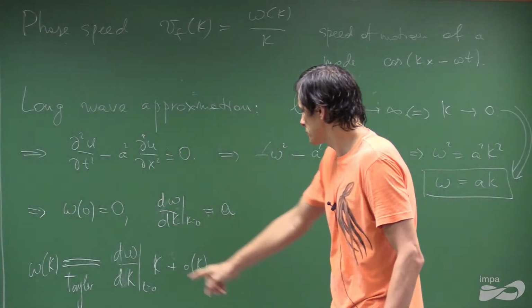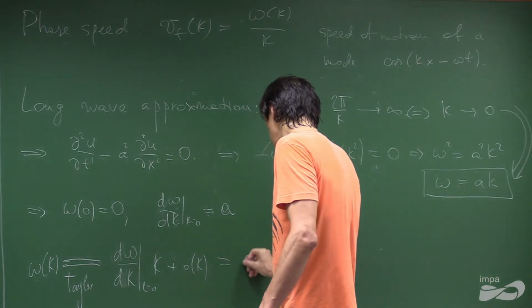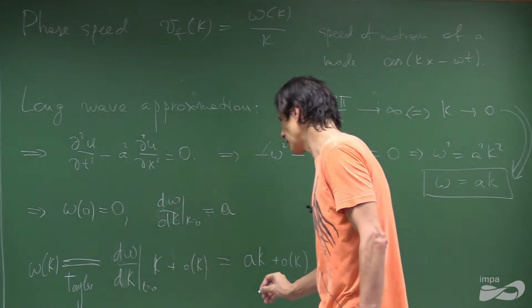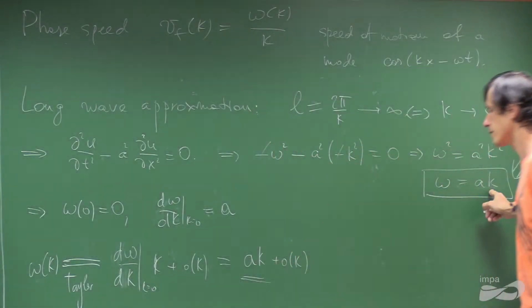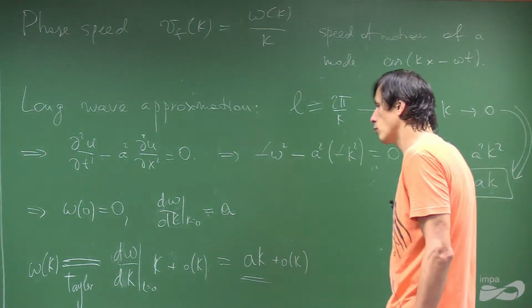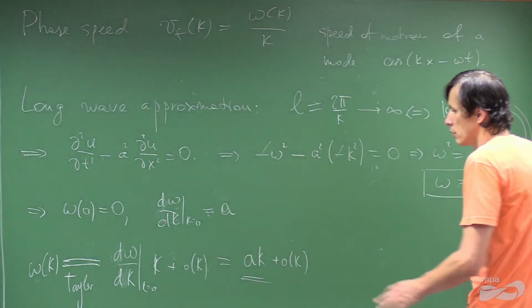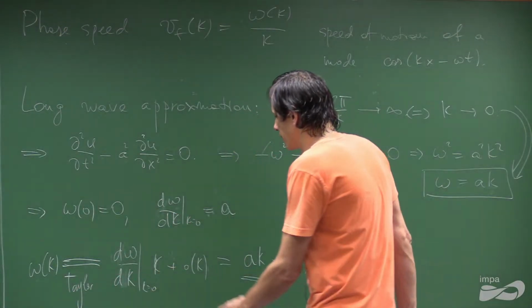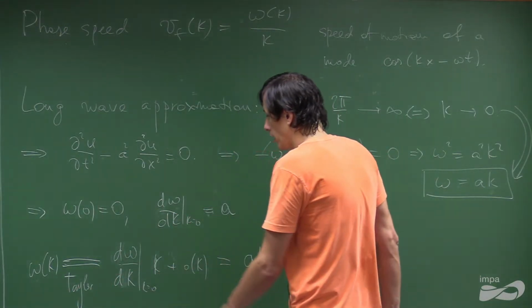Right? This we called A. And this is exactly the relation that we have in the long wave approximation. So essentially, the long wave approximation is just obtained from a general dispersion relation by assuming that k is small.